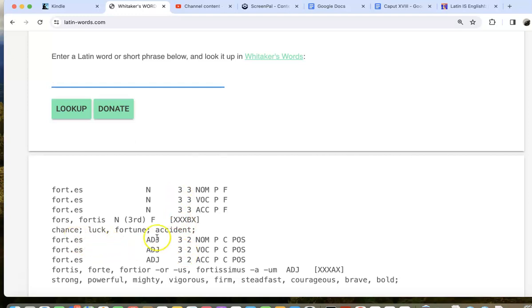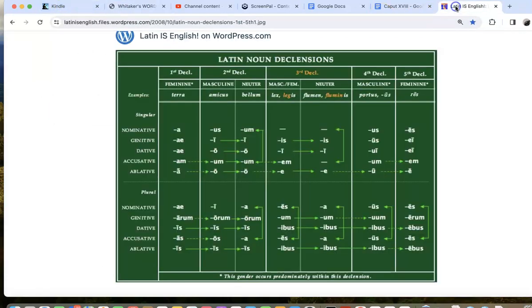So that's why we have fortes, third declension nominative plural. And so learning the declension of nouns, not verbs, but nouns, is crucial for Latin. Once again, most nouns are in the first three declensions. So if you can learn the first three, it's going to be a game changer for your reading and comprehension of Latin.